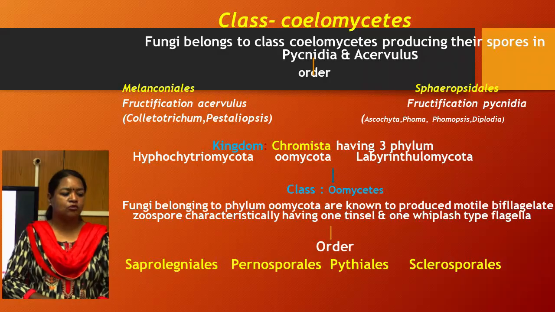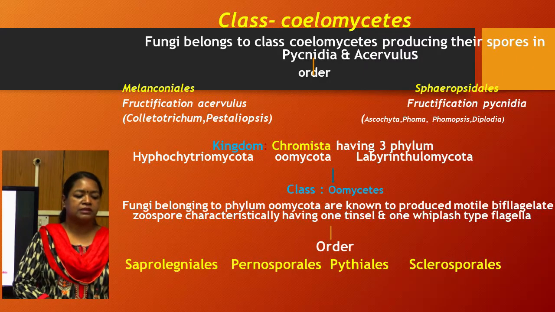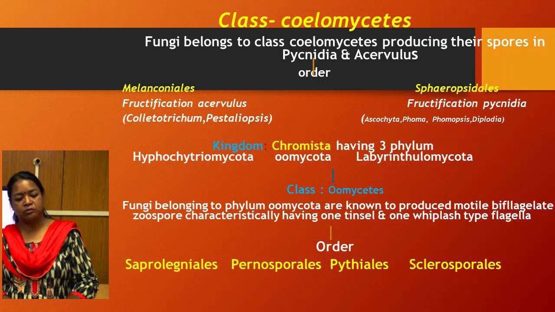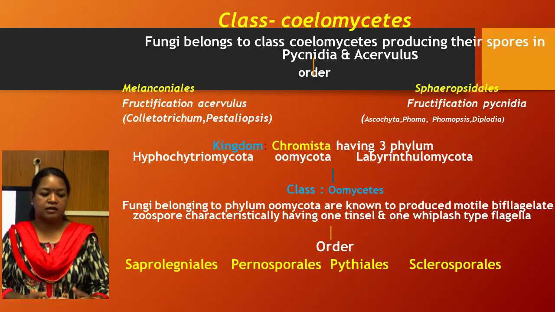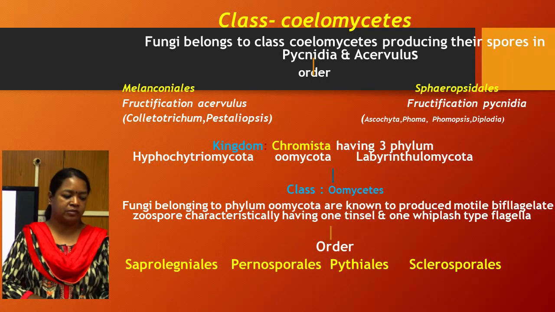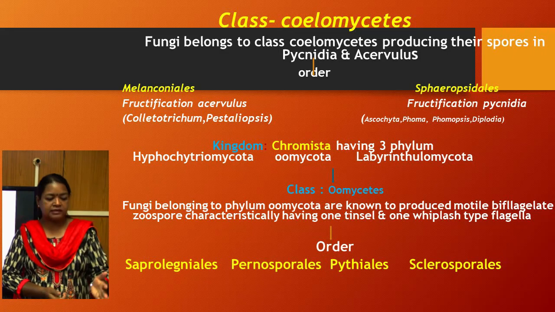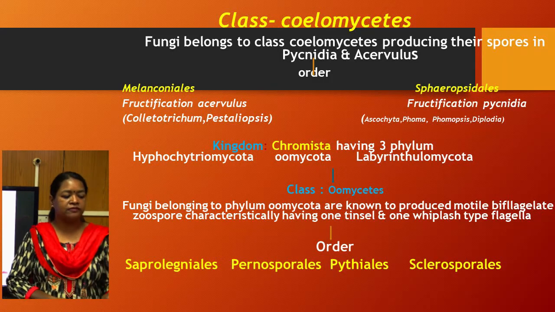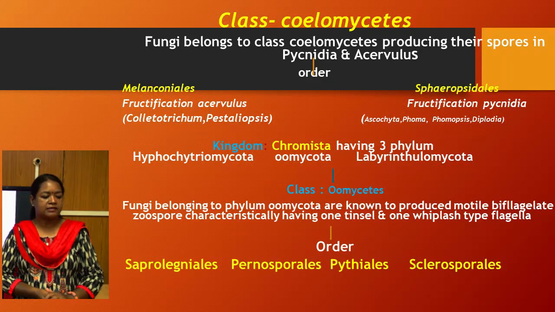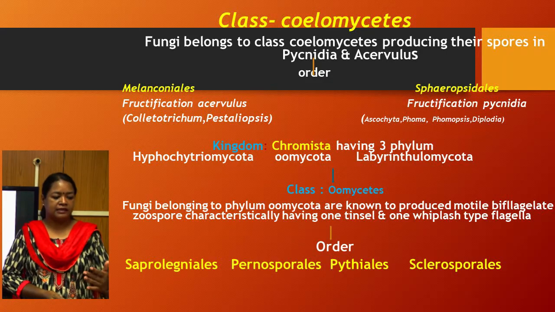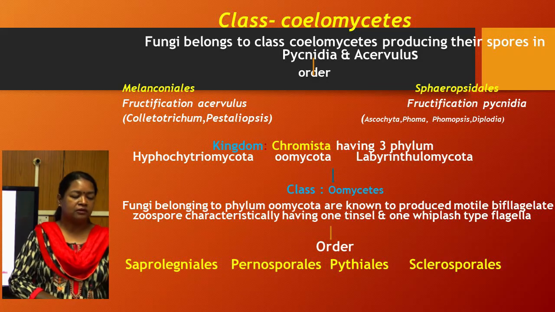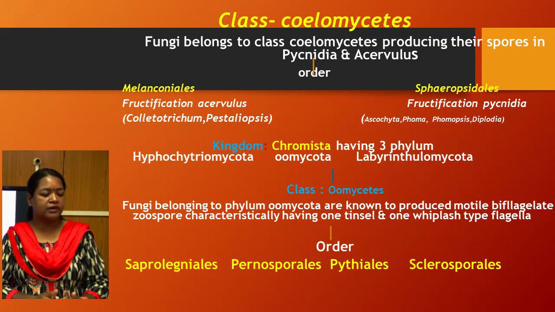In the class Coelomycetes, the fungi belonging to this class produce their spores in pycnidia and acervulus. As we know, pycnidia and acervulus are specialized asexual fruiting bodies. This class is divided into two orders, Melanconiales and Sphaeropsidales. In the order Melanconiales, the fructification occurs in acervulus, and the important genus in this order is Colletotrichum, which is the causal organism of dieback of chili.